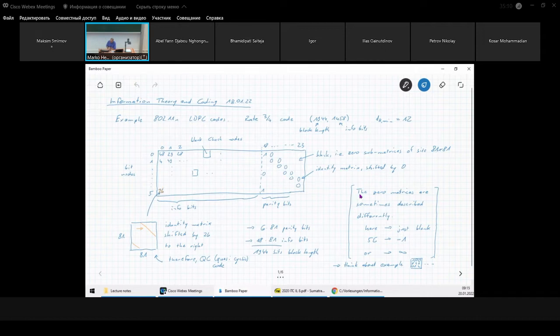So here I also have a comment on the zero matrices. They are sometimes described differently. Here they are just left blank in the definition of this array. In 5G, they will be denoted by a -1 in this matrix. Yeah, well, because 0 and 1 we cannot use. 0 is the identity matrix shifted by 0, so that's the identity matrix. We cannot use this one. 1 is the identity matrix shifted by 1. We cannot use this one.